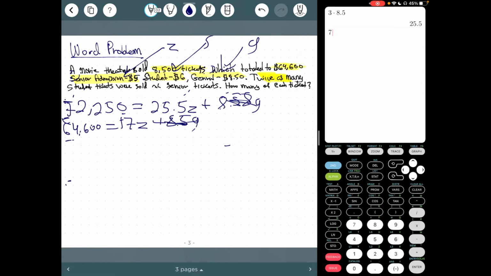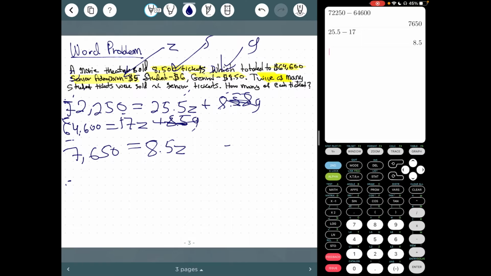So 72,250 minus 64,600 gives us 7,650, which equals 25.5 minus 17, which gives us 8.5z, and the g's canceled out.